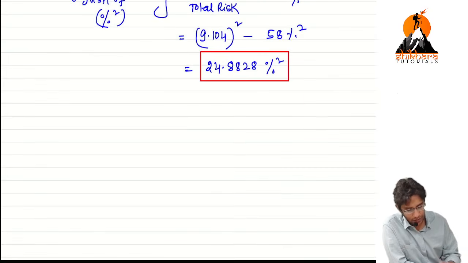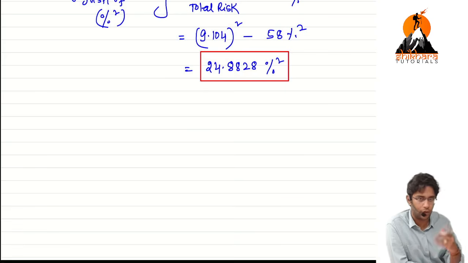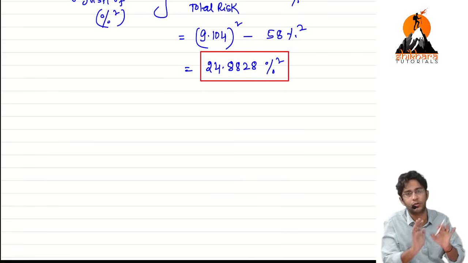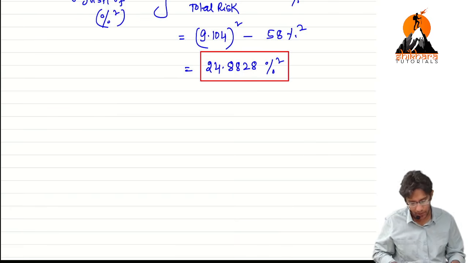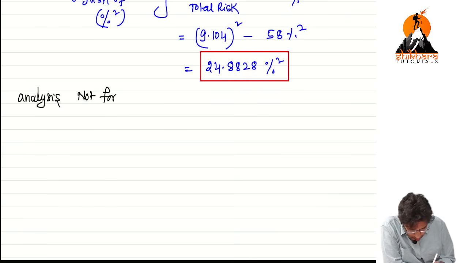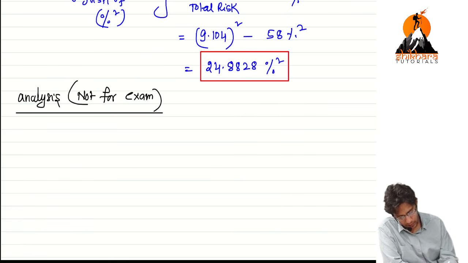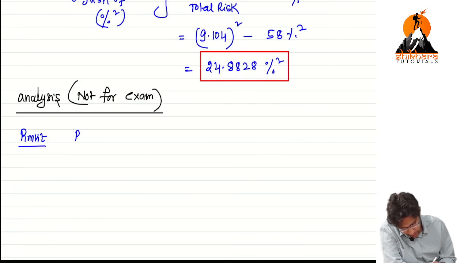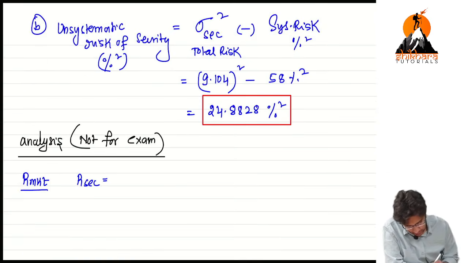Now I'll do one small thing. You may not copy it, or if you want you can copy, but this is not related to this question's answer. This is one conceptual backing. For market return in each year, I will find the security return based on our equation, the characteristic market line equation.